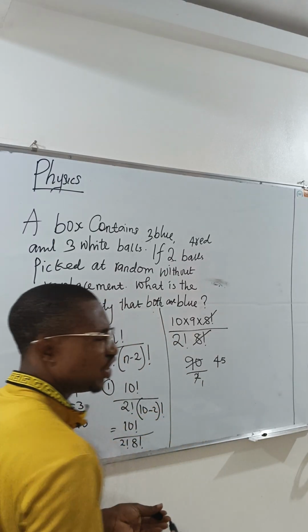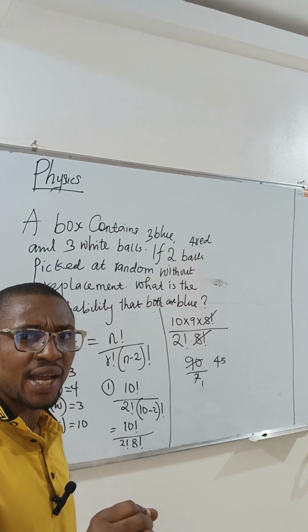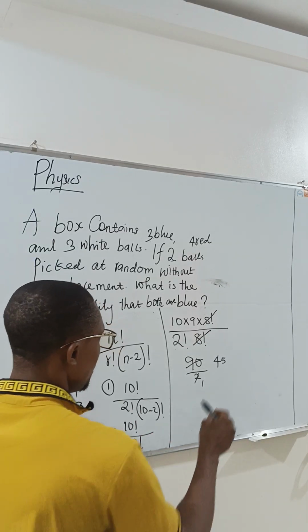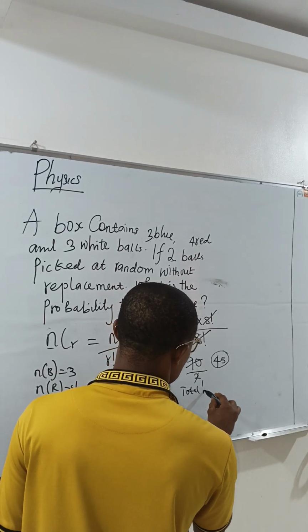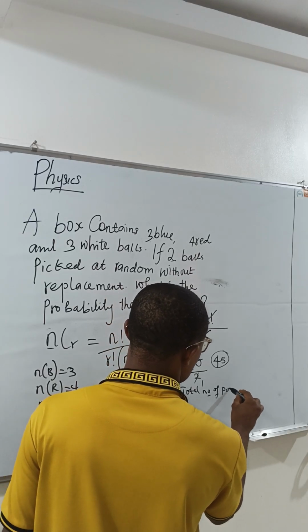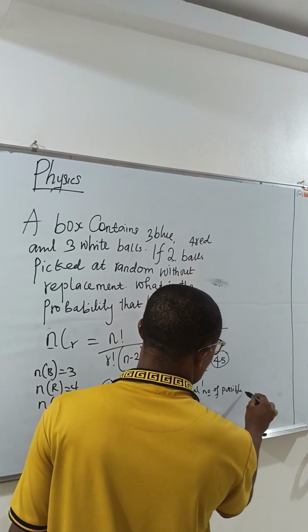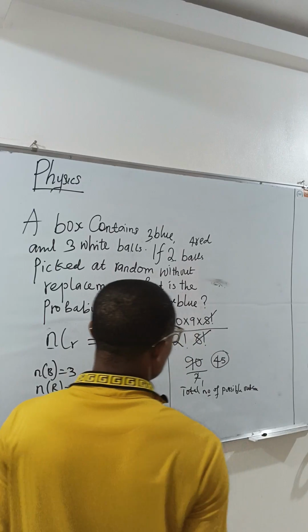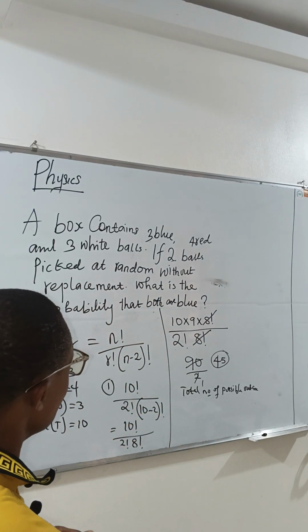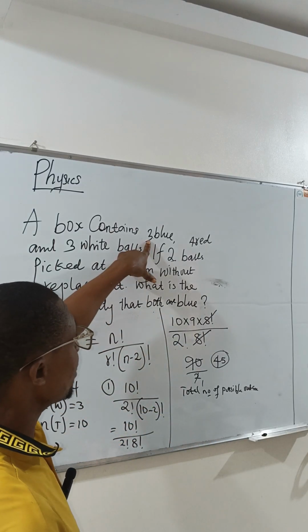So 45 is the total number of possible outcomes. This 45 is called the total number of possible outcomes.